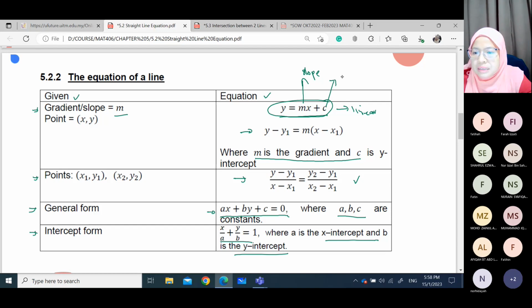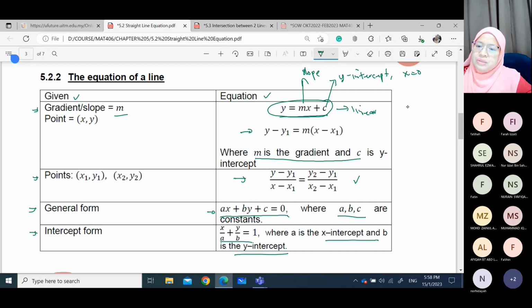Apa dia c? C adalah pintasan y. Y intercept. So bila y intercept, maknanya x dia adalah kosong. Itu c. Okay. Faham eh? So when x equal to 0, then we will have the value of c. Sebab c adalah y-intercept. Okay, boleh?